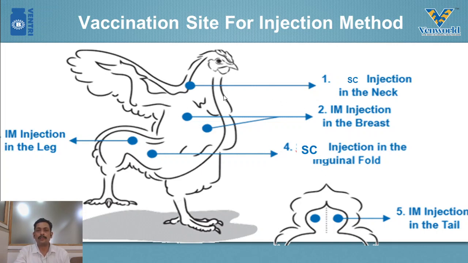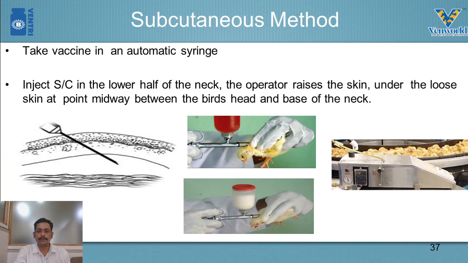So these are the common injectable methods of vaccination. The subcut way is done at the hatchery level or day 0 for chicks, with Marek's vaccines or ND-K inactivated vaccines for commercial broilers. For that purpose, manual vaccinators are available, or nowadays automatic vaccinators are also available.